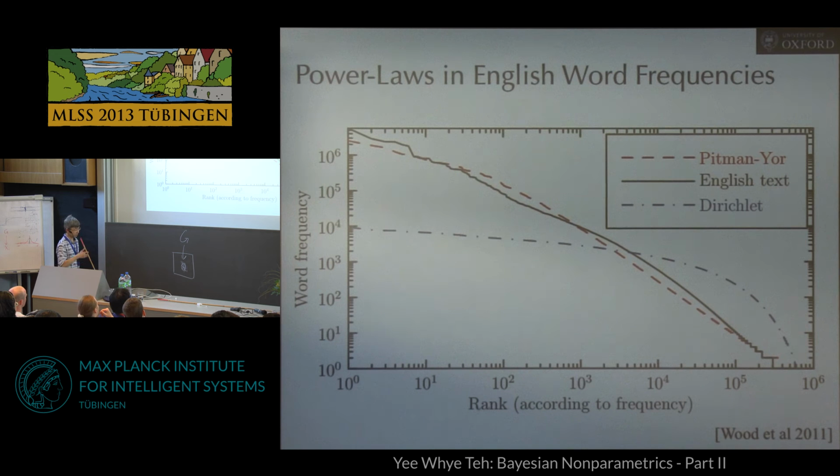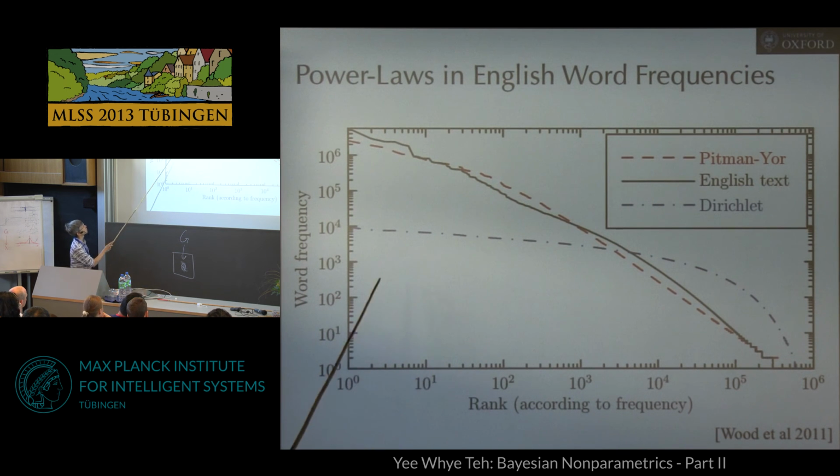As I said, Zipf's law, I think, was originally used to model the diversity of words in a language, and here we're comparing Dirichlet and the Pitman-Yor process for modeling the growth of new words in the language as you see more and more documents in the English language.